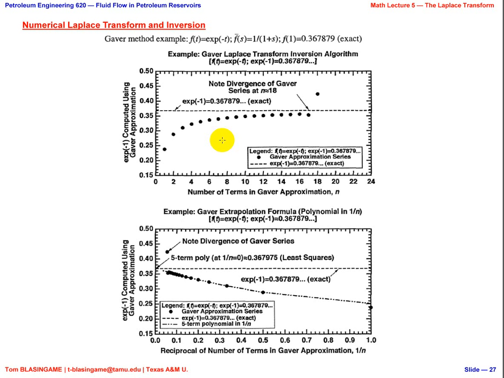It is based on Gaver, but it is not Gaver-Stehfest itself. It is called Gaver-Wynn-Rho, but the base is Gaver, so it is the same method expressed in a different manner.